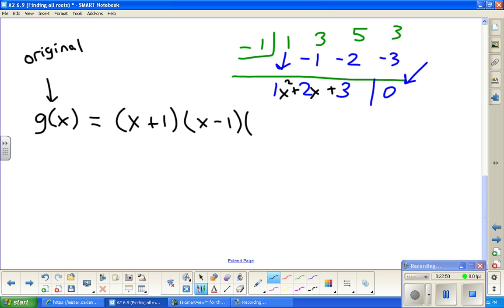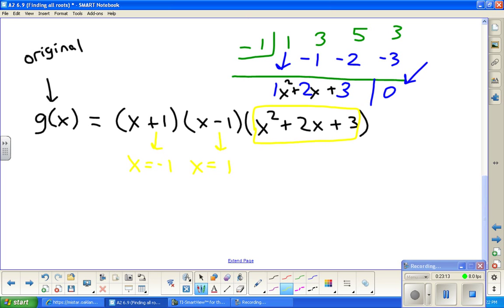We just found the other factor is this. Okay, that's completely factored, well, as much as we can go. So our answers were the negative 1 from the beginning, the positive 1 from the beginning. The other 2 are coming from this piece.